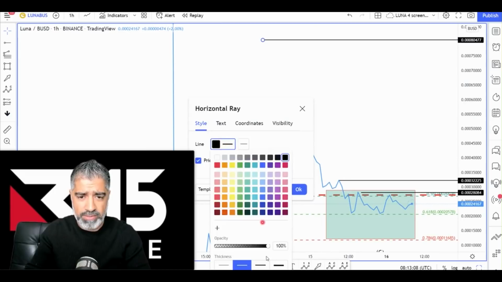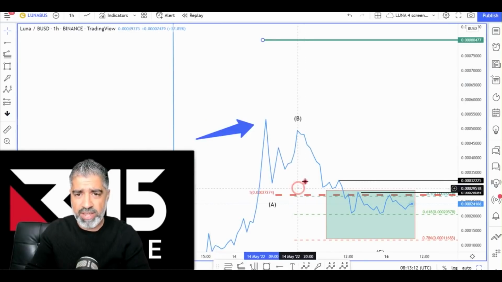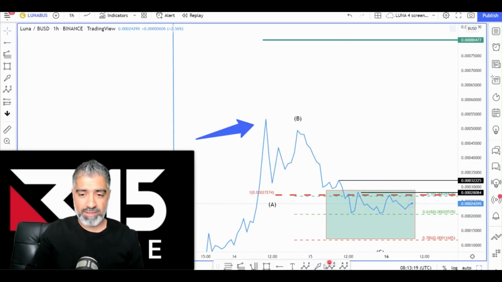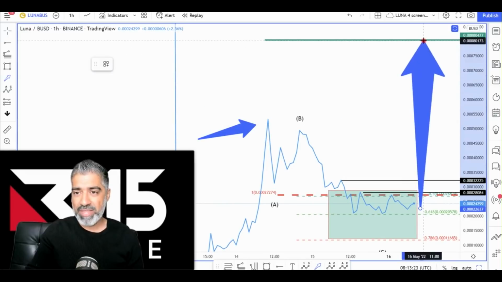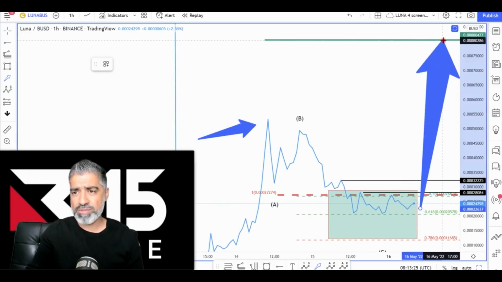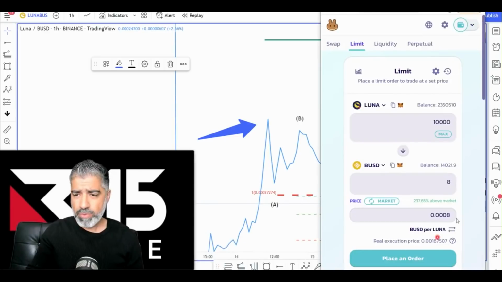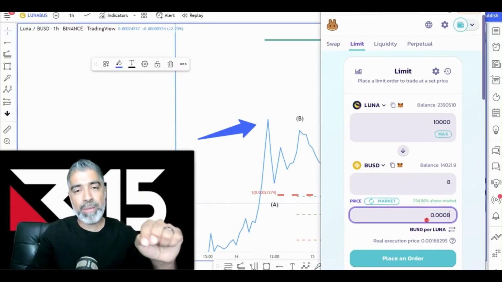Let's color it green so it's nice and clear. So we're basically saying in PancakeSwap, in this example, if Terra Luna does, again, very high risk, just keep that in mind, if it does hit this price target of 0.0008, PancakeSwap, we can set this order, will automatically do the swap as if you were there pressing the button.